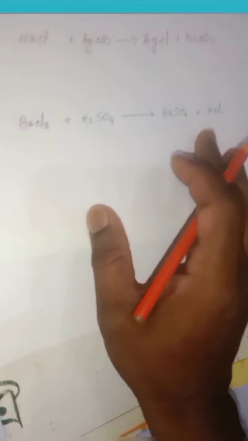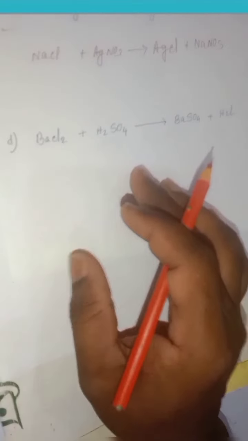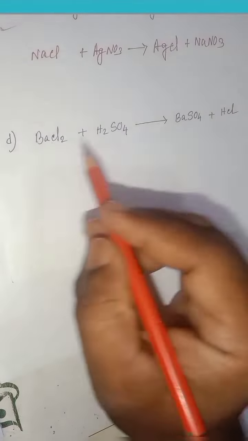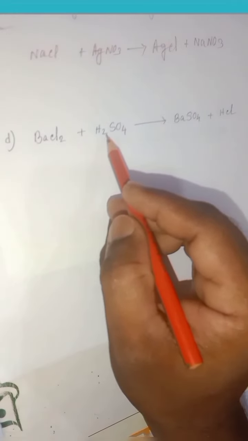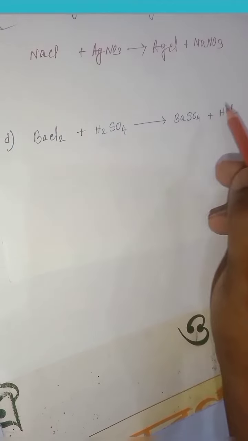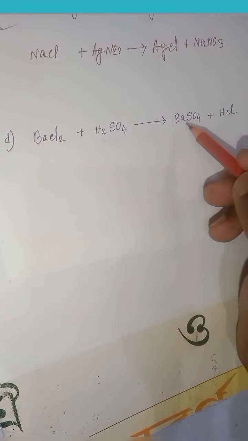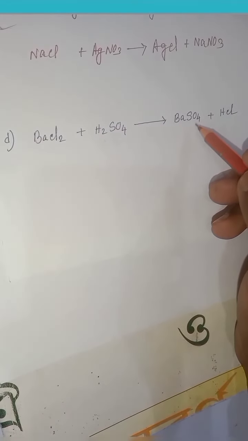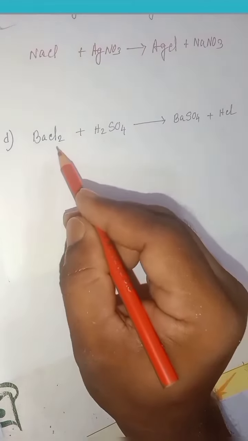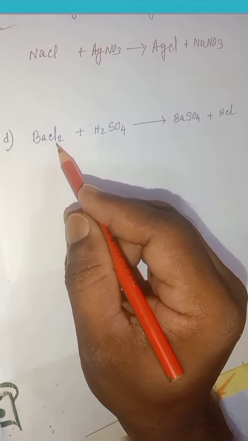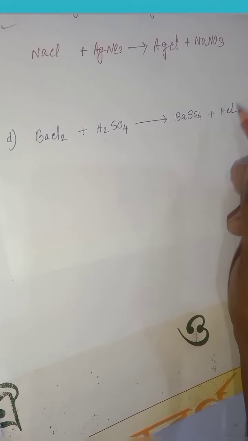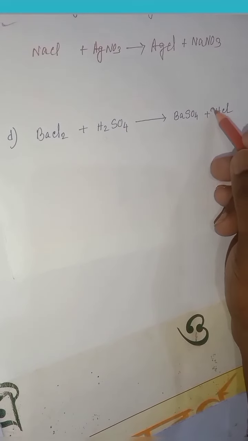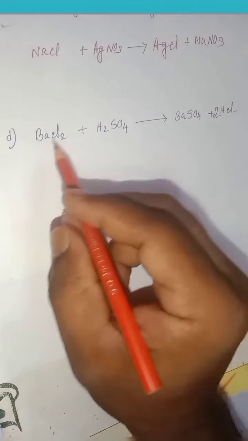Next part, that is D. Barium chloride, BaCl2, plus sulfuric acid, H2SO4, forms the products barium sulfate, BaSO4, plus HCl. The number of chlorine on the left-hand side is 2, but on the right-hand side it is 1, so multiply by 2.